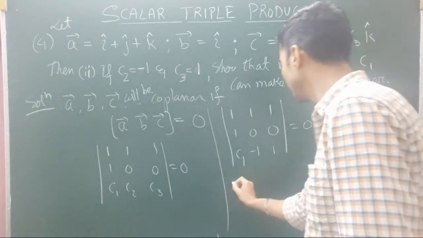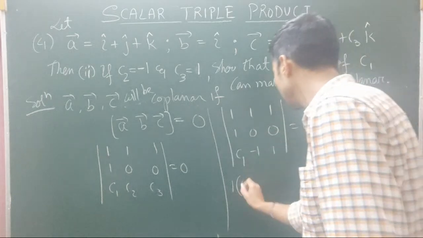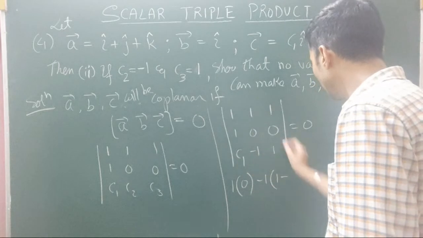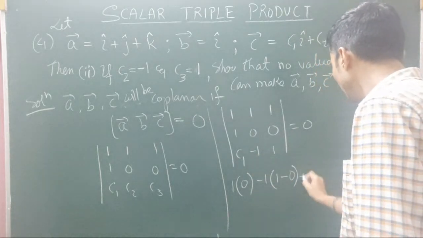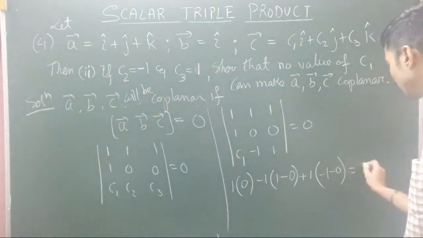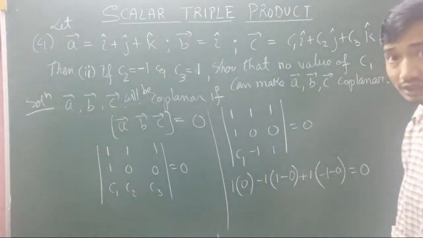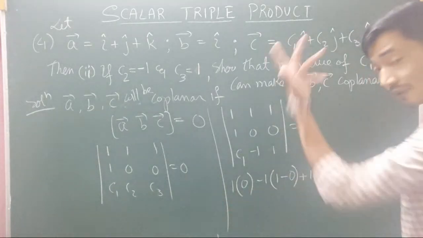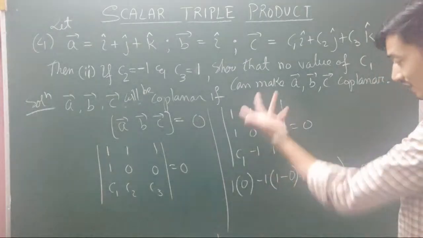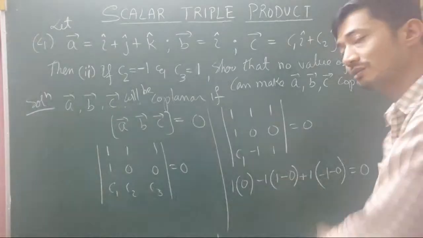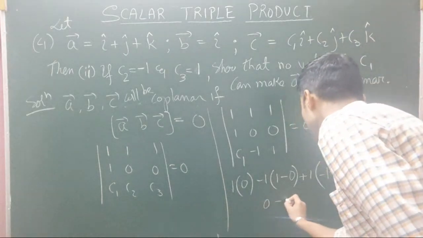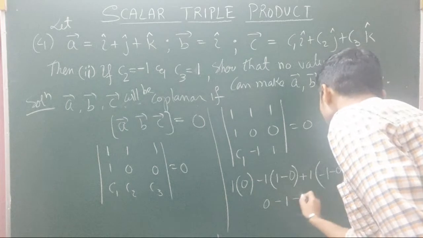Now if you go for the determinant, that's 1 into (1, 0, 0, 0), minus 1 into (1, 1, 0, 1 minus C1), into 0, 0, plus 1 into minus 1 minus 0. There is no C1. C1 already disappeared. As you can see, C1 has already run away. Very clever. Let's just complete: 0 into minus 1, this is plus 1 minus 1, equal to 0.